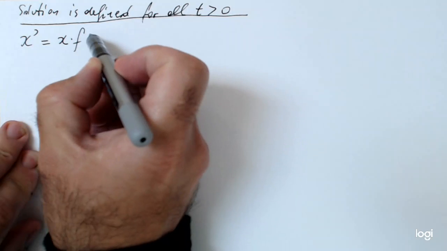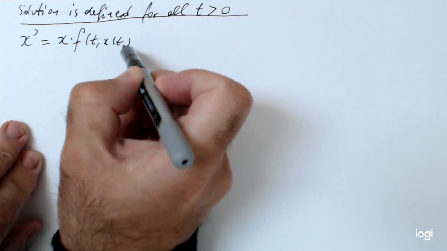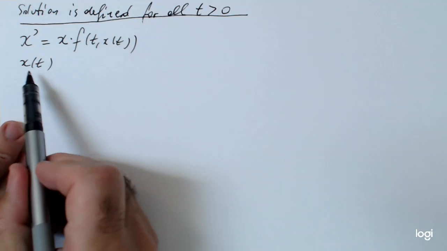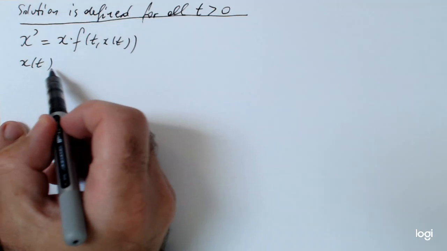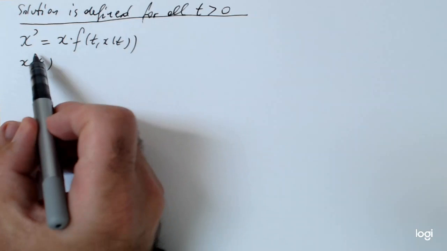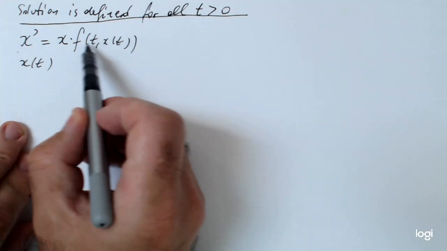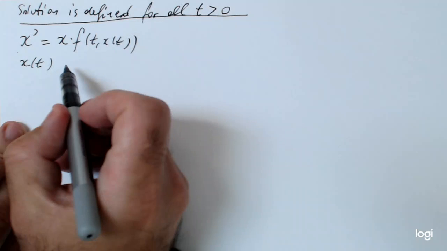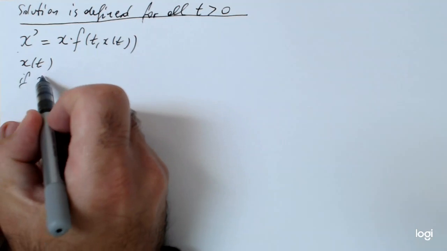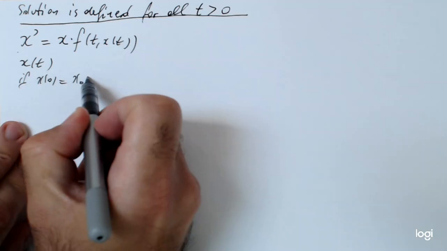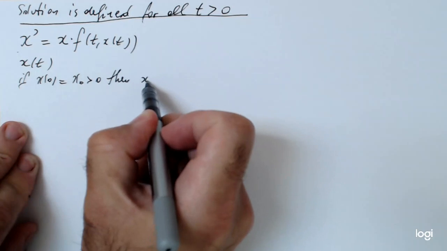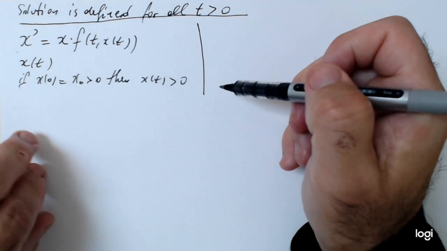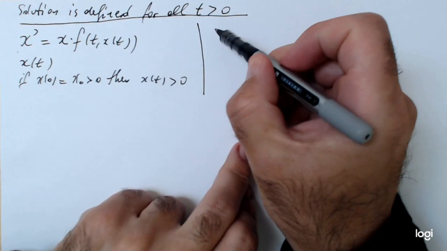So imagine that your dependent variable, the population, or whatever it indicates, X of t, is part of this type of ODE in which X is a factor on the right side. We can show that if the initial value is positive, then X of t is also positive. And this situation actually appears often, like I said, in many models, including the epidemic models.